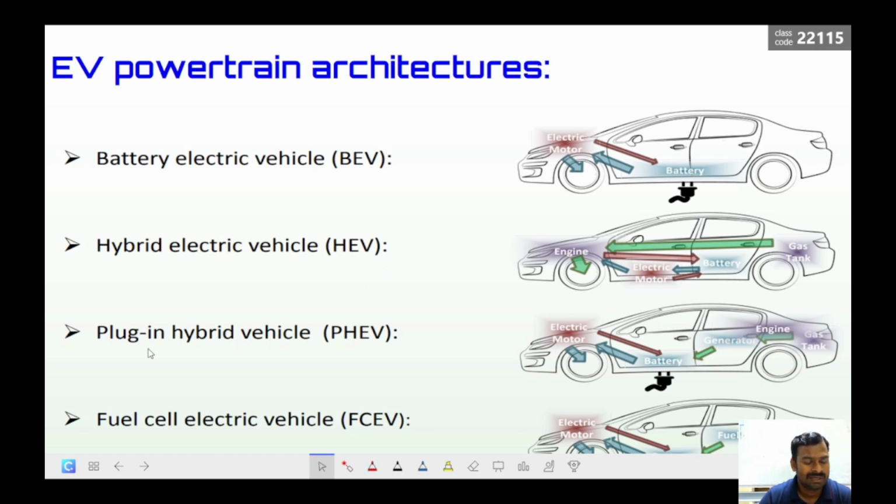And we have plug-in type hybrid vehicles. There is a difference between a hybrid electrical vehicle and a plug-in electrical vehicle. Plug-in electrical vehicles can be charged from our outlets.